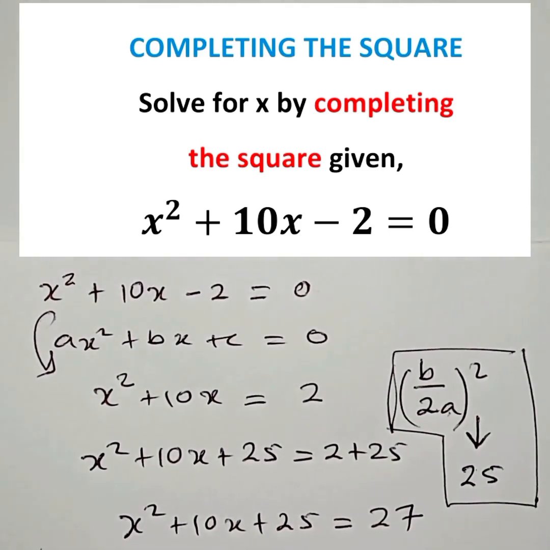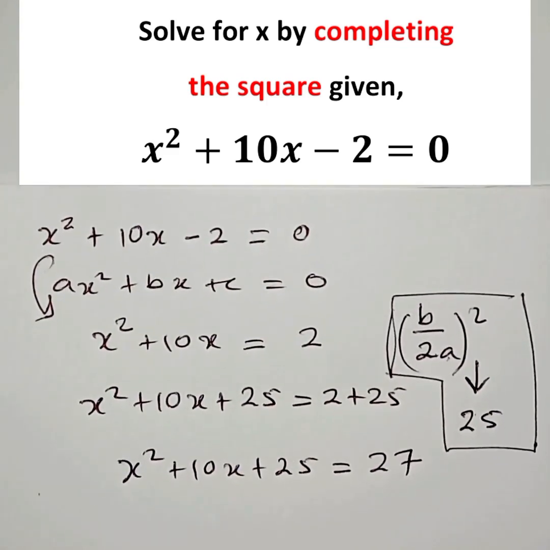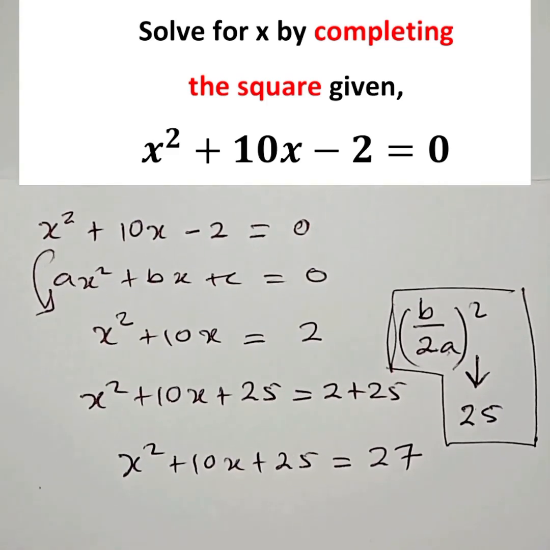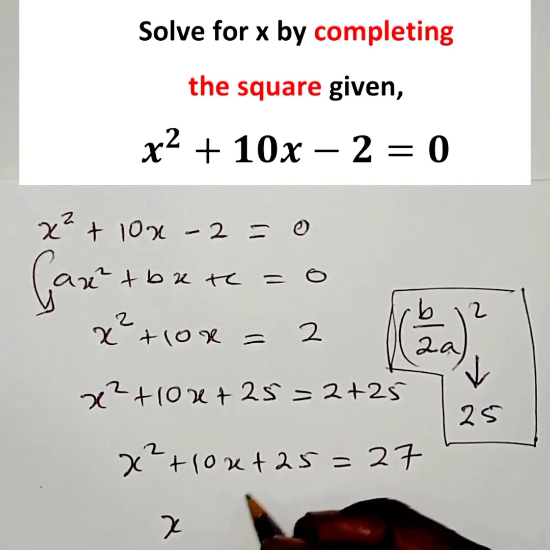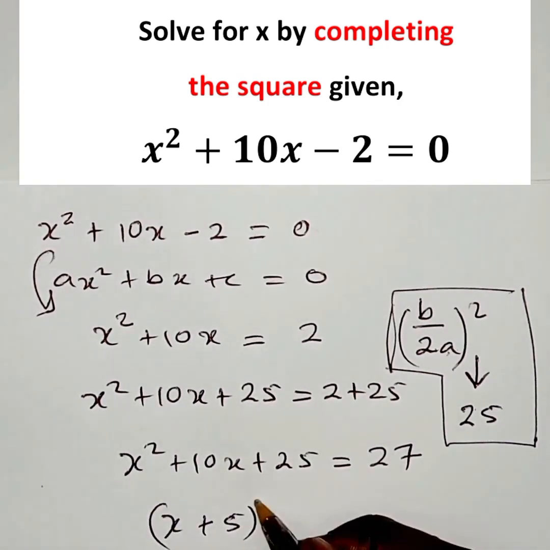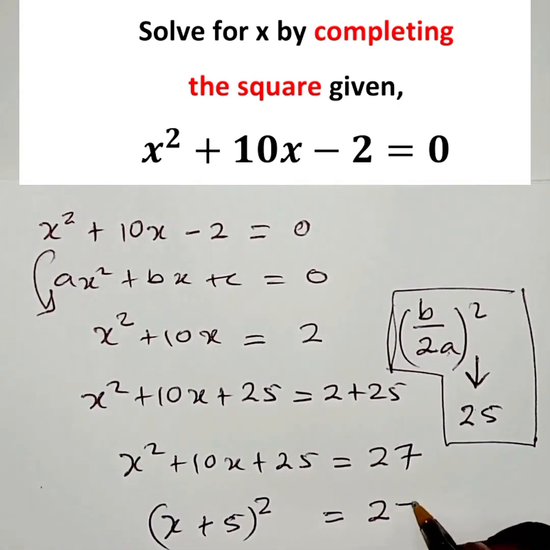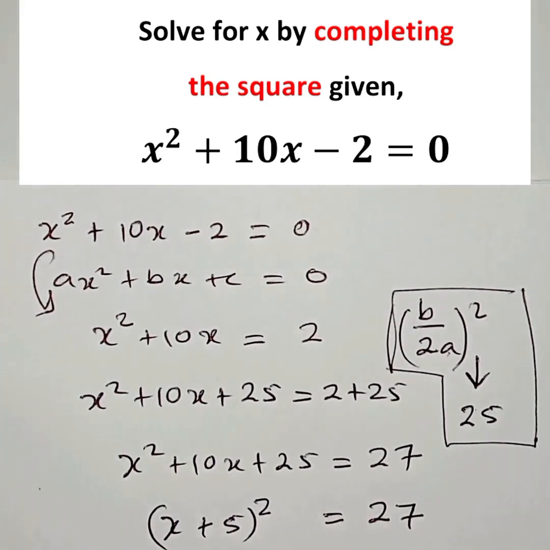We are going to factorize the left-hand side by the method of inspection, and we are going to get (x plus 5) squared. That is going to give us 27. All right.